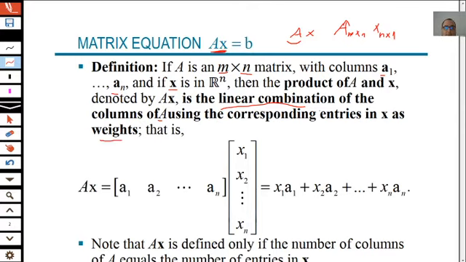In other words, mathematically, if you write the columns of the matrix A, where A is m by n, which means we have m rows and n columns, then a1 has m entries, like A11, A21, up to Am1.